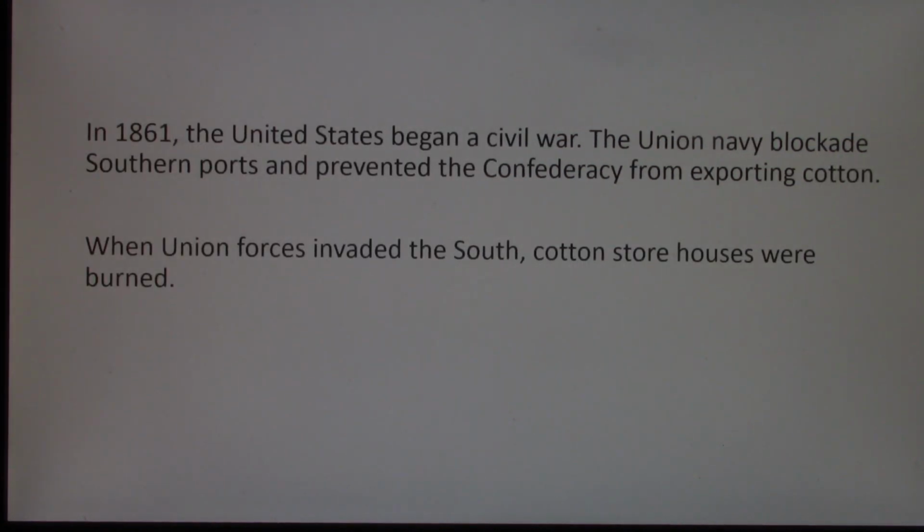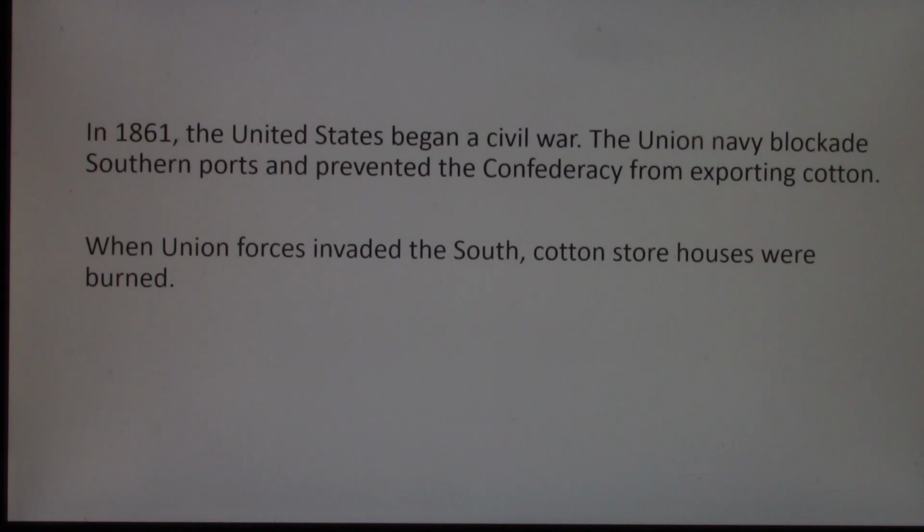Now, disaster struck in 1861 because of the Civil War in the United States. The North, the Union, is going to blockade southern ports, and the South will be prevented from exporting cotton to Europe.